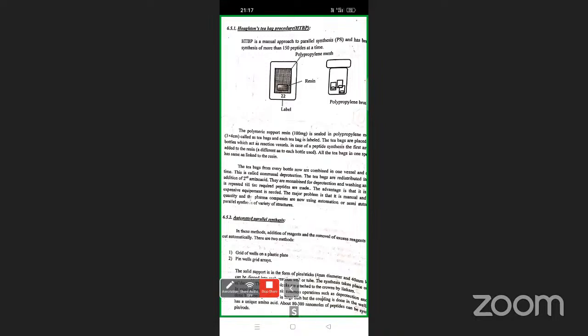The polypropylene mesh is the container, and its measurement is given: 3 by 4 centimeters.